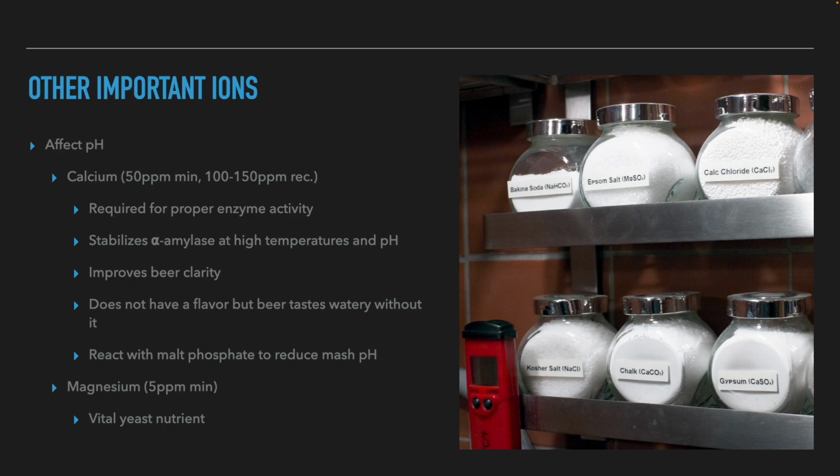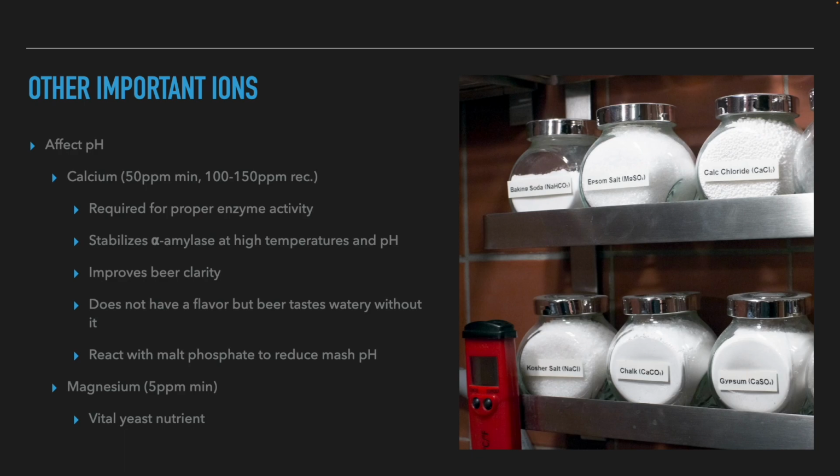Calcium is required for the activity of many enzymes. One of these enzymes is alpha amylase, which becomes more stable at high temperatures and pH levels when calcium is present. Calcium also improves beer clarity by allowing the yeast to flocculate.